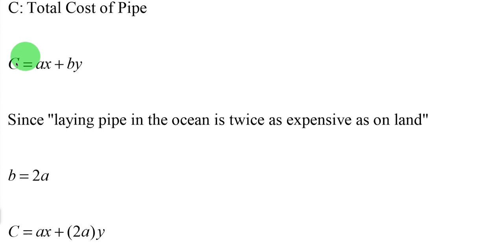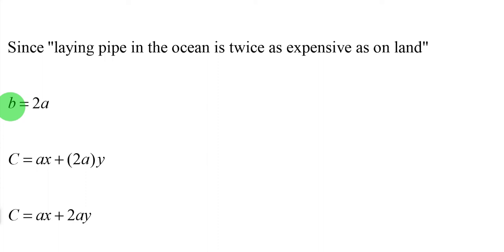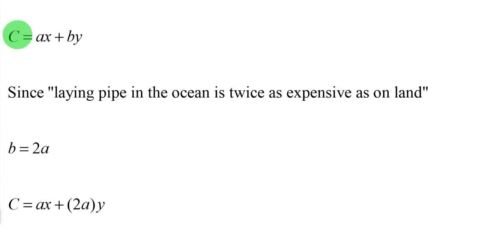That's going to give us our total cost, which is again what we're trying to minimize, what we're trying to optimize. If laying pipe in the ocean is twice as expensive as on land, we can easily say that B is equal to 2A, B being the cost of pipe in the ocean and A being the cost on land. So we can narrow this equation down to just two variables.